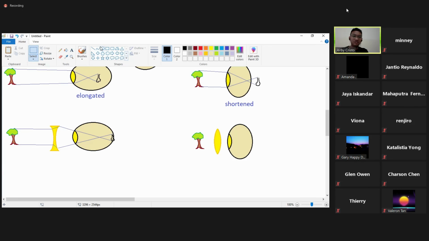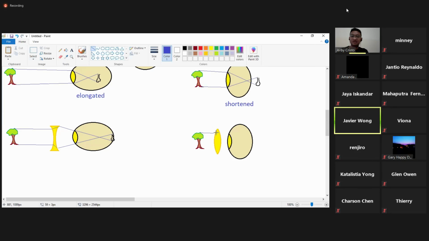What does the convex lens do with the light ray? It converges the light. This converging of the light rays will allow the light being refracted by the lens of the shortened eye to be focused exactly at the retina, and correct your vision.